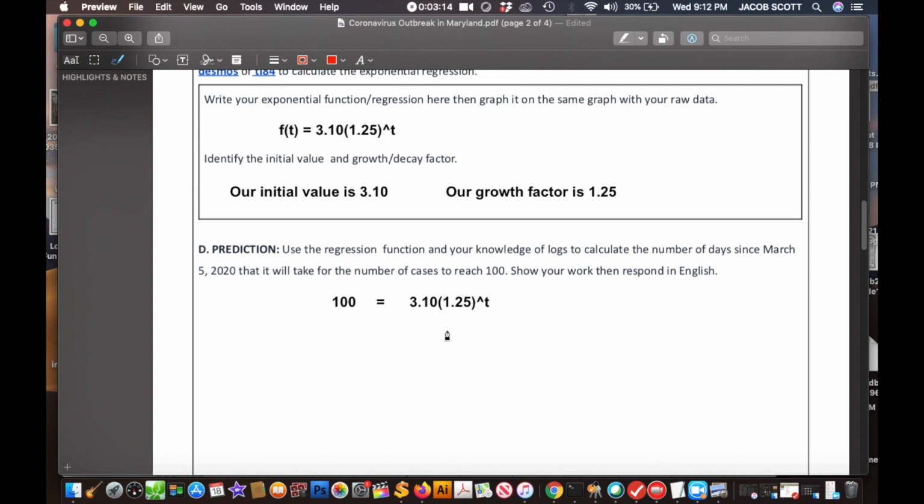So the first person I'm going to get rid of is, I'm unraveling this. I want to solve for t. So who's furthest away from the t? This guy right here, the 3.10. So I'm going to divide both sides by 3.10. I don't think this is going to let me write it.